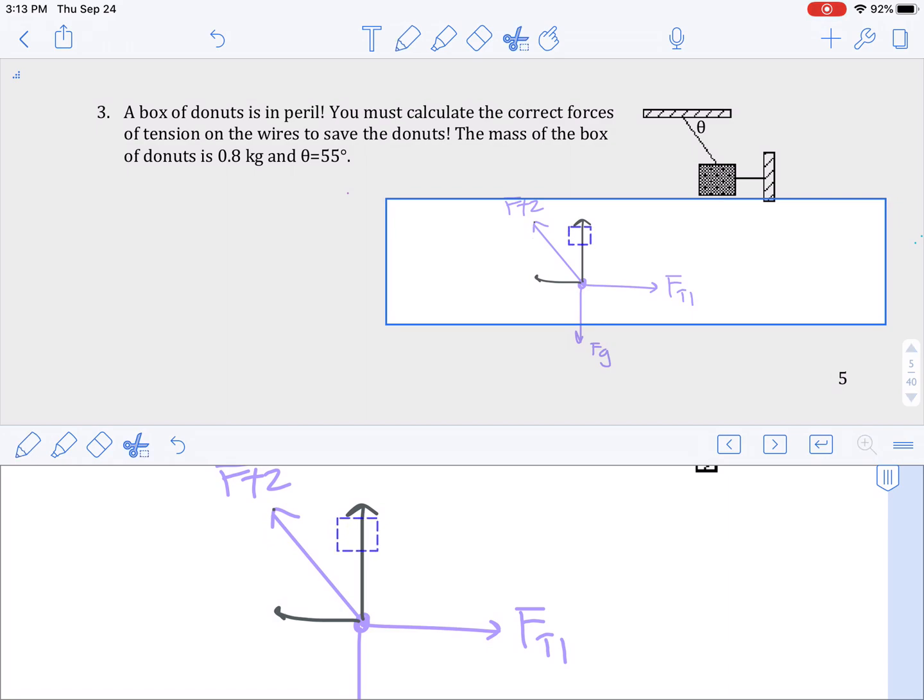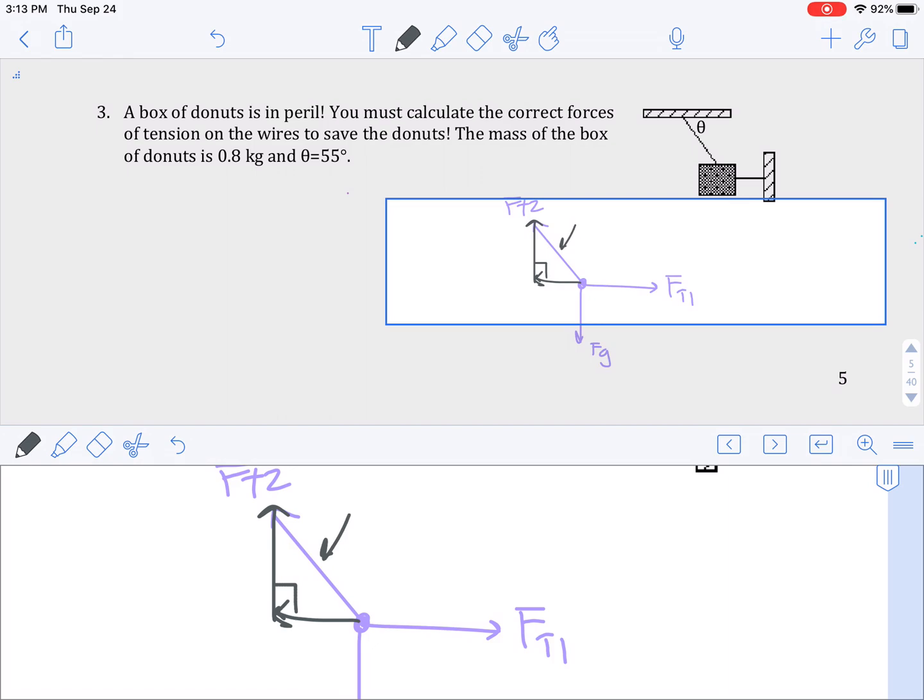Another tip, if you are struggling with determining how to draw that second component, so maybe you're good with the horizontal, for example, but then drawing in that vertical is really difficult. You need to have a 90-degree angle in between your horizontal and your vertical, because FT2 should always be the largest component of your triangle, because that is the force of tension.